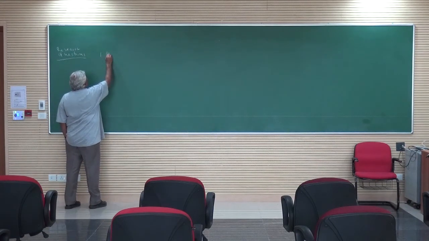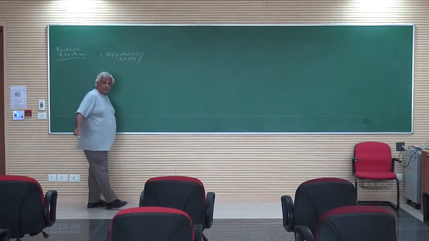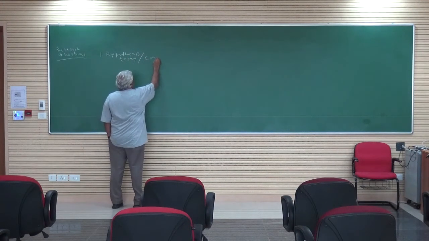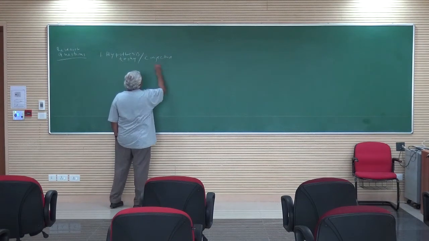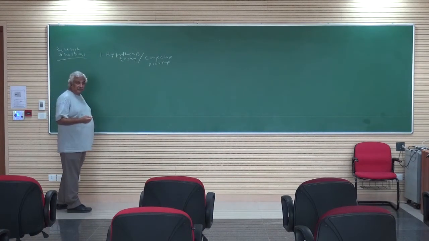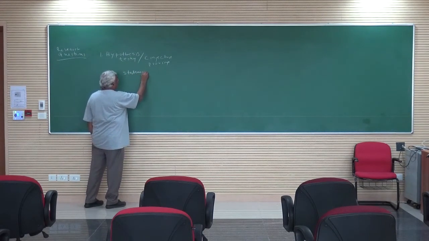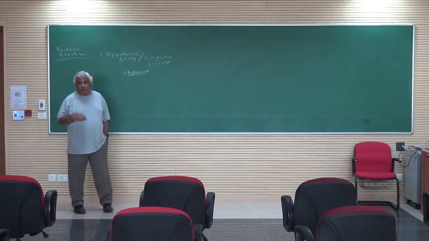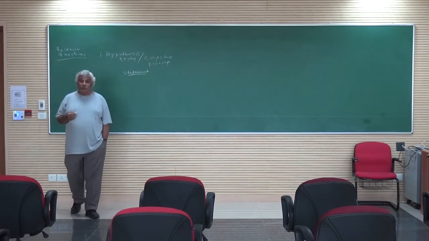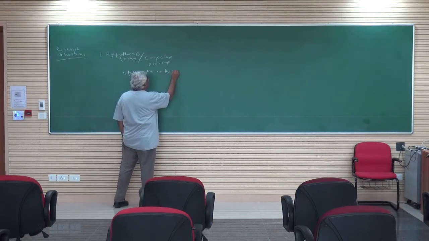One of them, we said, is the hypothesis testing model of research, and this corresponds to the conjecture proving. What this means is we make a statement that we think is likely to be true, and then we ask, is this true?